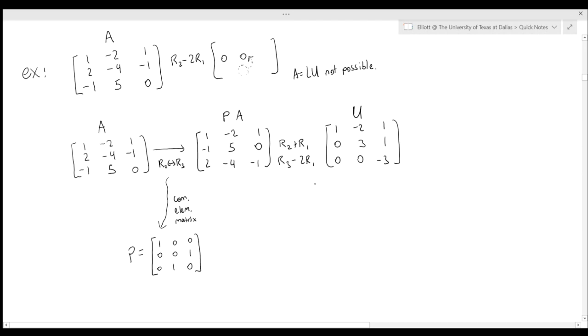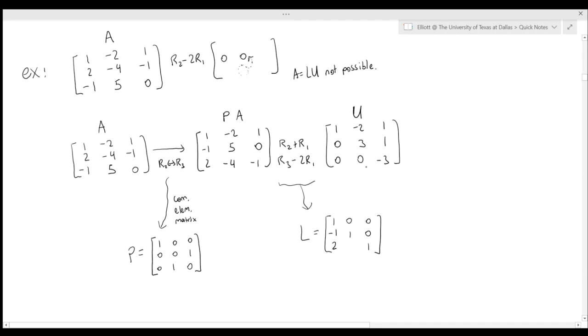And remember, to get the matrix L, we get it from these row operations. So again, L has 1s on the diagonal, 0s up here because it's lower triangular. Take these numbers and change their sign, put them in the corresponding place.